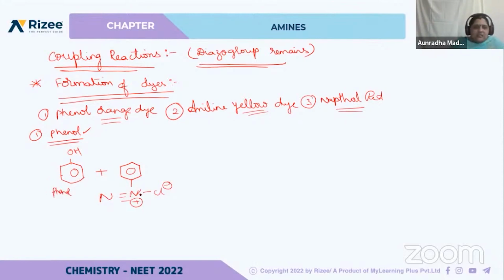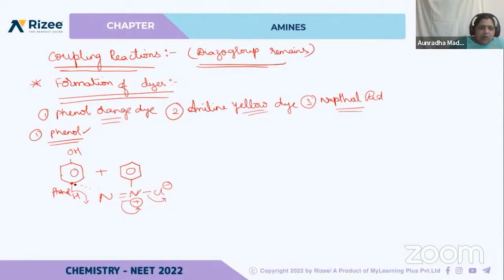So what happens here? Cl goes out. This pi bond is going to break to satisfy the positive charge on nitrogen. In this phenol, on this carbon one hydrogen is present. This hydrogen goes out and this carbon forms a bond with this nitrogen.